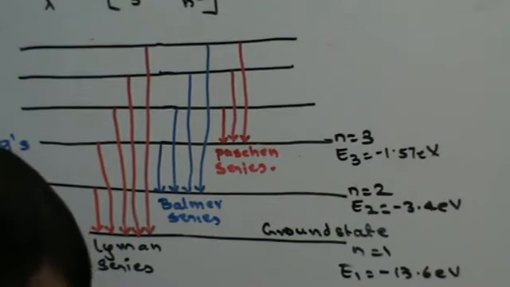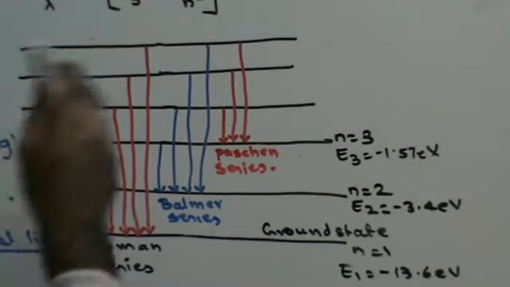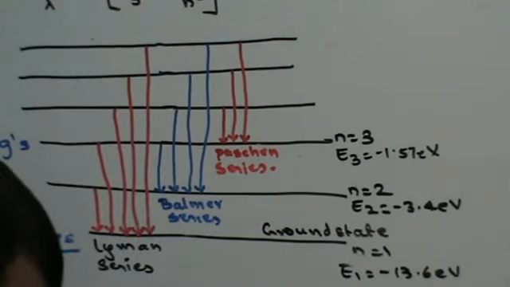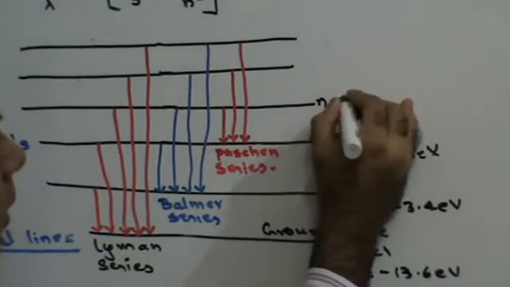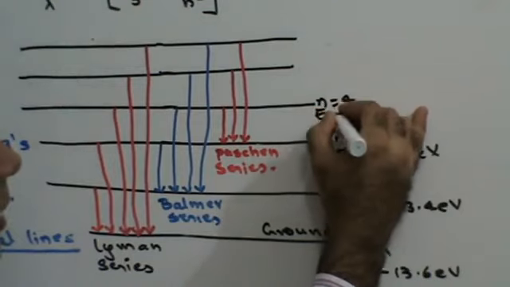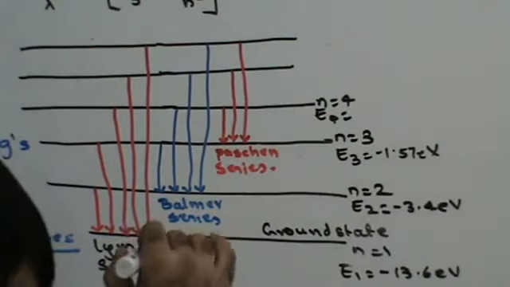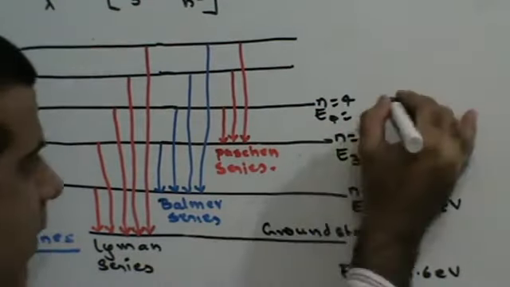Similarly, you could also have the Brackett series and the Pfund series for electrons jumping into that particular orbit. For example, if I consider n equal to 4, then the energy in this orbit is minus 0.85 electron volts.